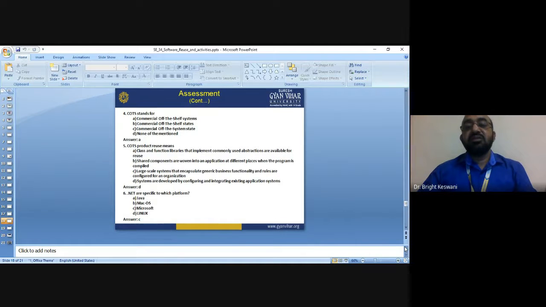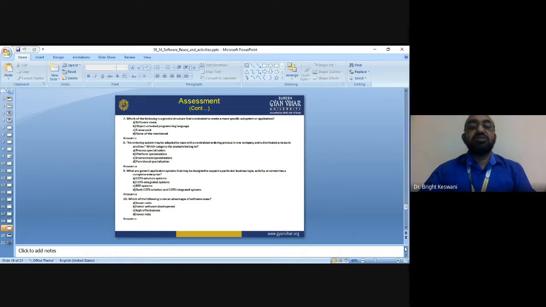Let us discuss the next question. Which of the following is a general structure that is extended to create more specific subsystems or applications? Software reuse, object-oriented programming language, framework, or none of the above?